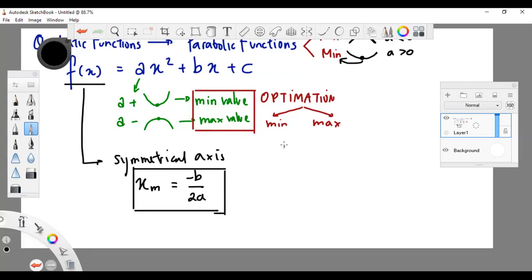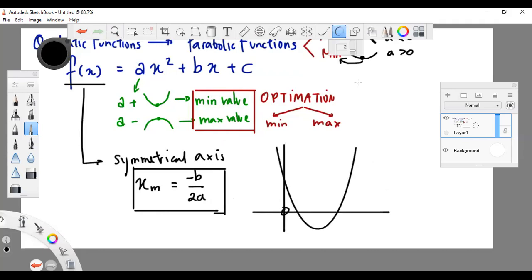For example, here. Okay, that's nice. So this will be our symmetrical axis, right? When x equals something, they will share the same area.